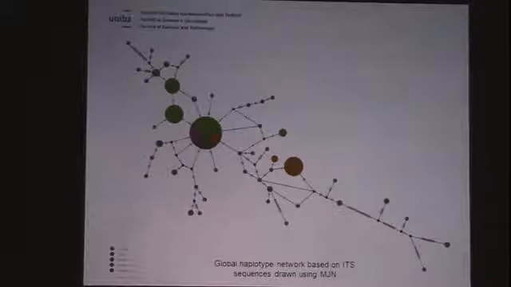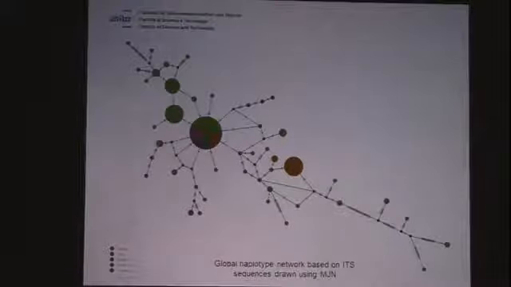These orange ones are isolates from South Tyrol. And first of all, all of them were different. They were different from all the rest of the world sequences. Just this haplotype, which was the most dominant haplotype of Cryphonectria parasitica in the world, was also found in South Tyrol, and all these other sequences were different.